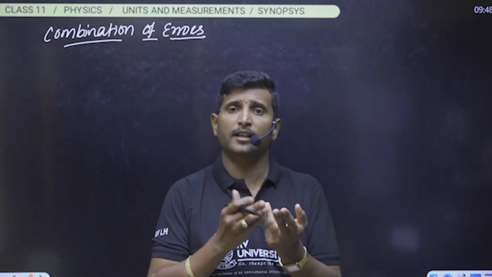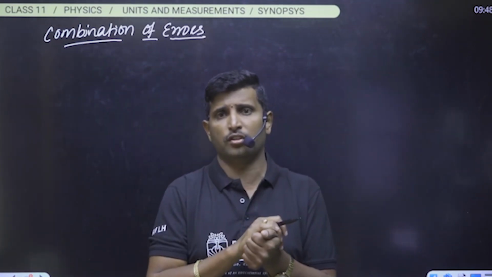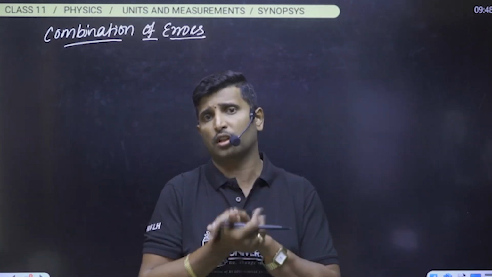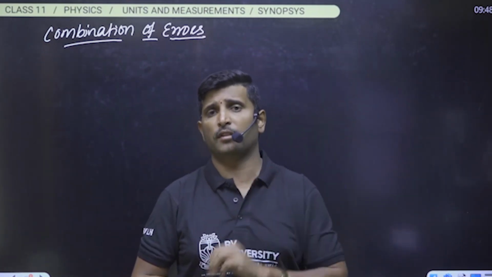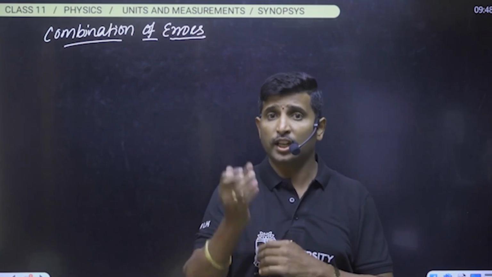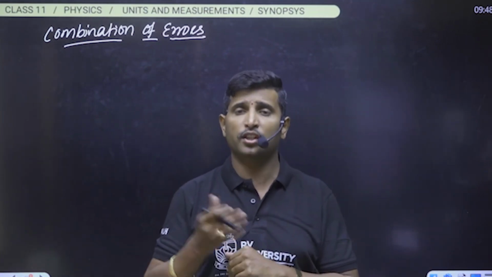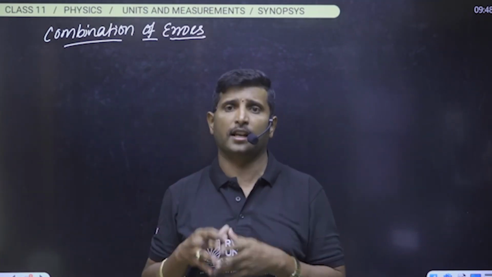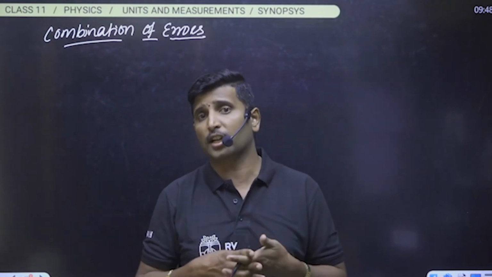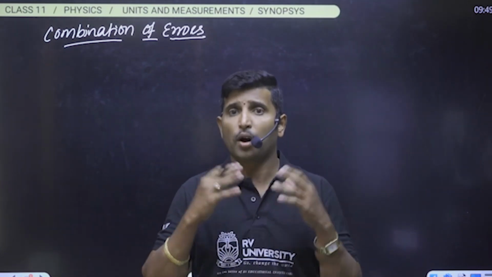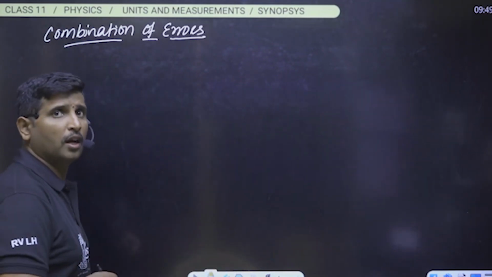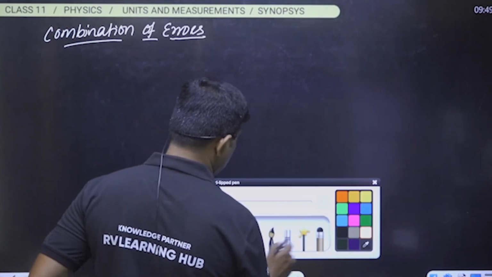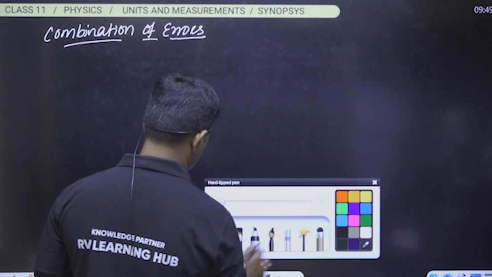Volume again involves length, breadth, and height. So if we want to measure the density, we should take measurements of four different physical quantities, and in each and every measurement I will get an error. So which error is to be considered? To avoid that confusion, we go with the combination of errors. Let us understand one by one.